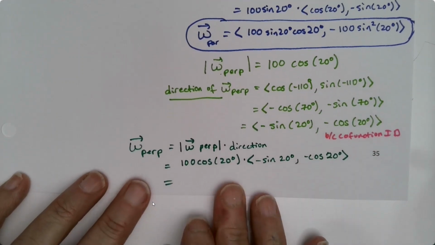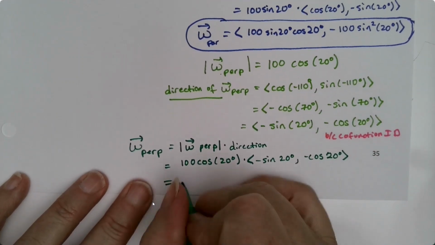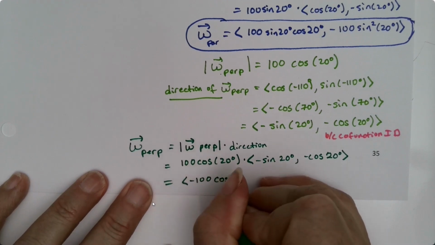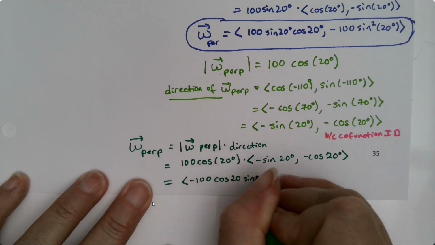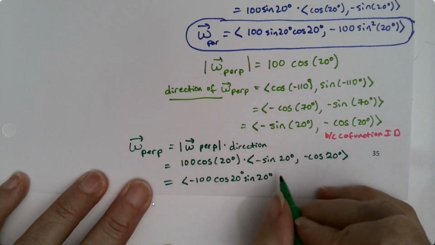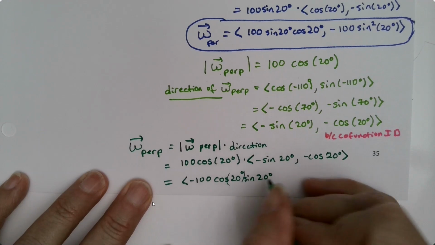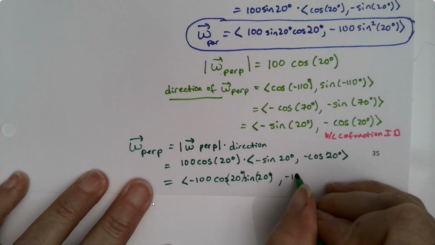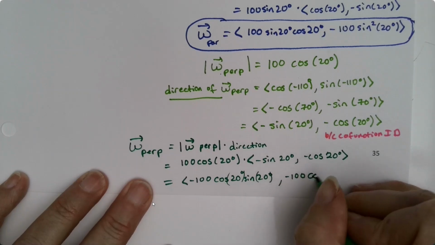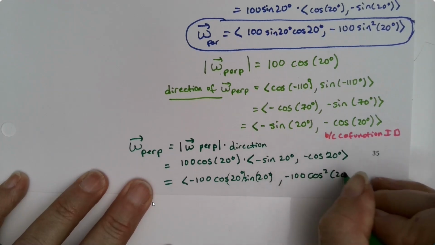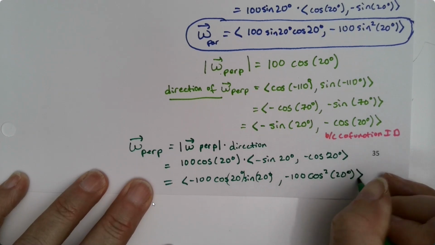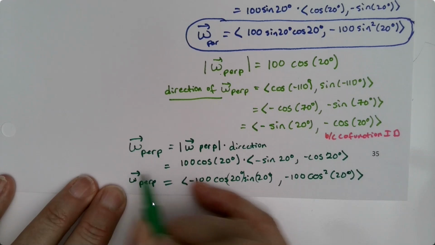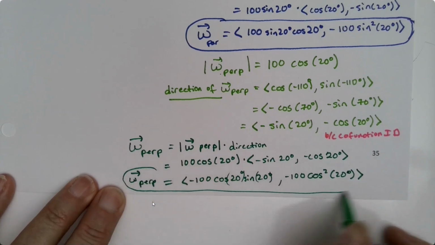And that makes it so that it's negative 100 cosine of 20 sine of 20 degrees. If you want, you can put parentheses there, comma, negative 100 cosine squared of 20 degrees. That's why we were using the cofunction, is to make this work out like that. So that's the component of the W vector that's in the perpendicular direction.